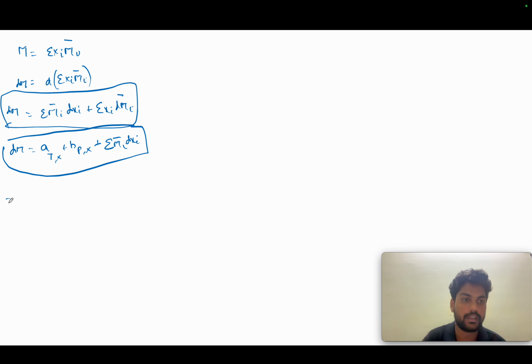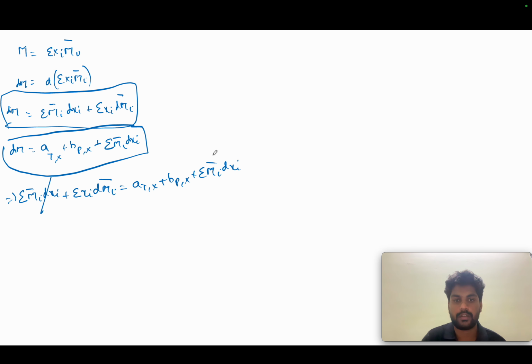So now we can write that both are the same. So now I will write sigma mi bar dxi plus sigma xi dmi bar equals to, I think this will get cancelled out.